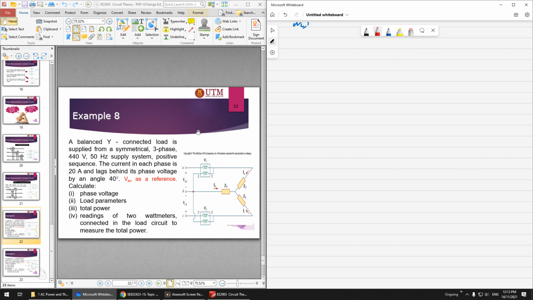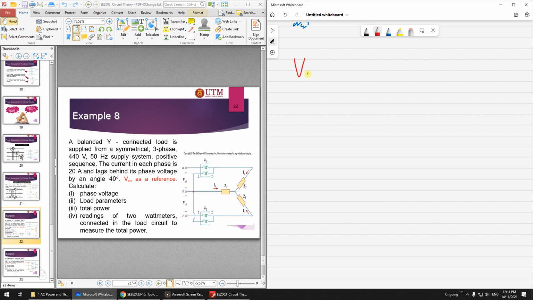A balanced Y connected, so 3 wire. Make sure you know the difference between star 3 wire and star 4 wire. This Y connected load is supplied from a symmetrical 3-phase 440 volt 50 Hz system.